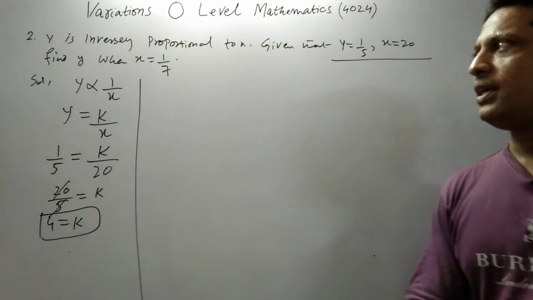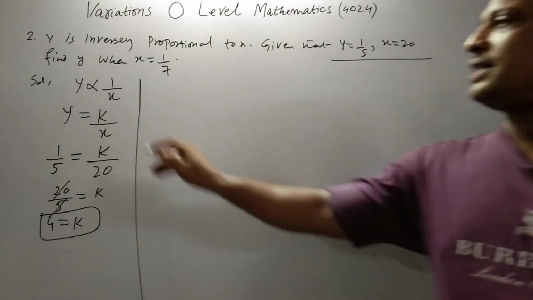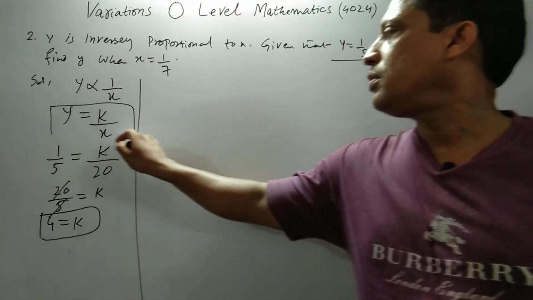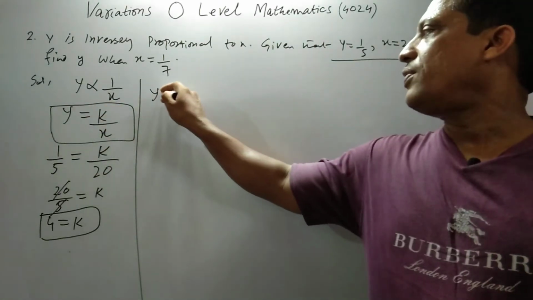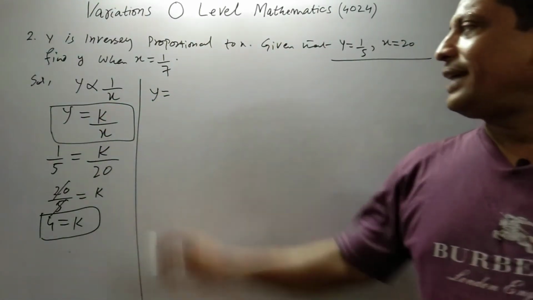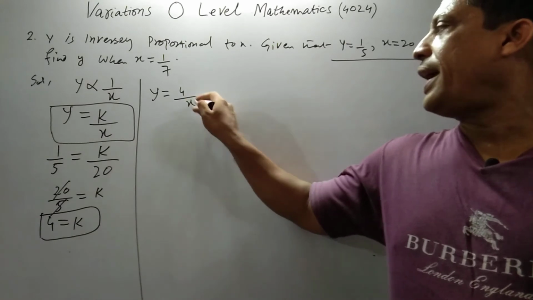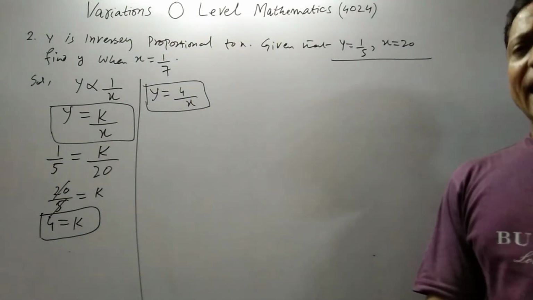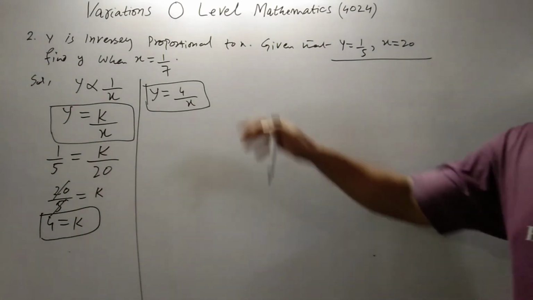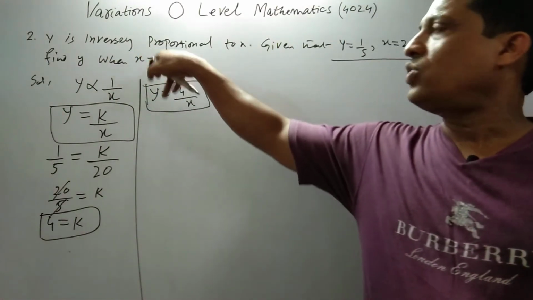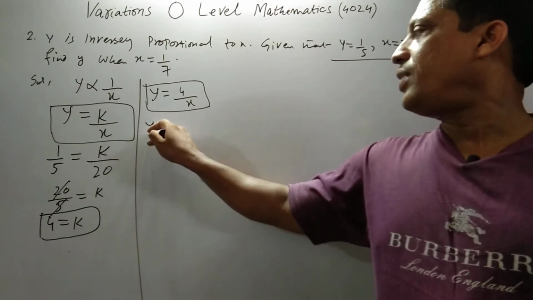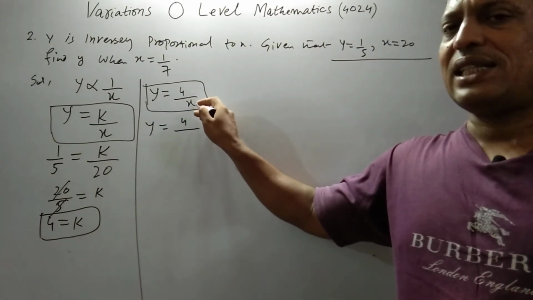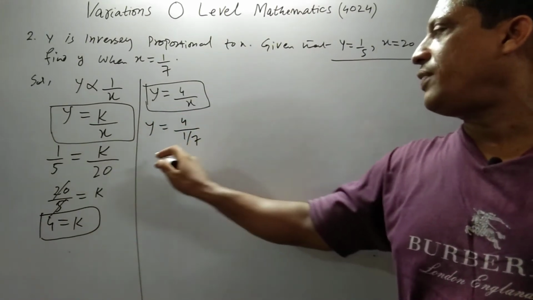Now put the value of k in this equation. y is equal to 4 upon x. So this is our required formula. And the final requirement is to find y when x is equal to 1 upon 7. y is equal to 4 upon x, where x is 1 upon 7.